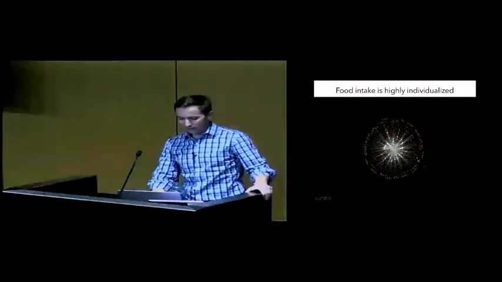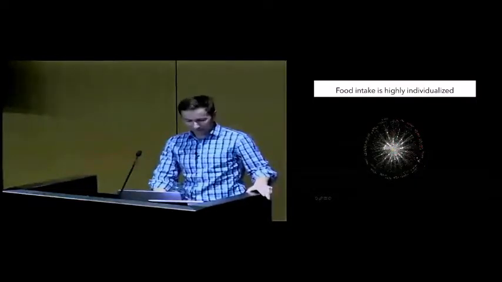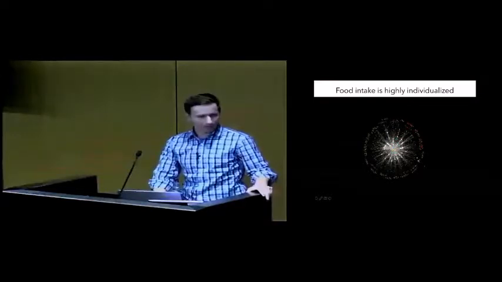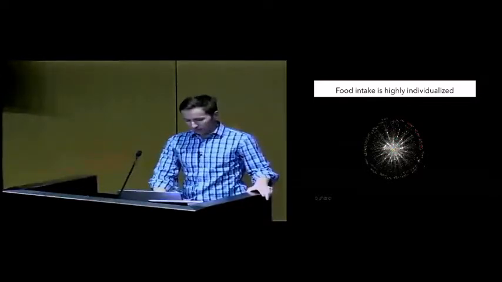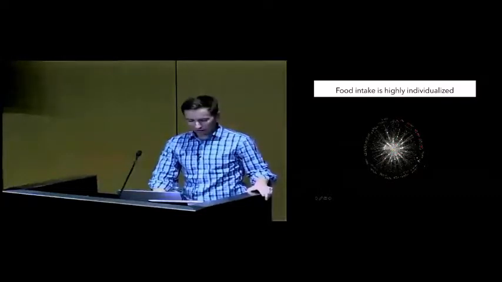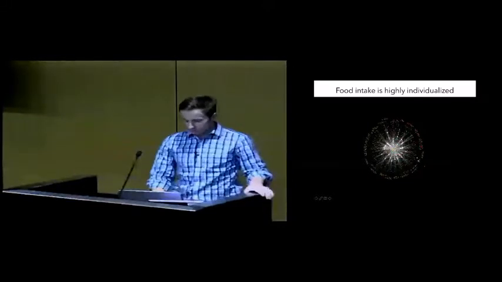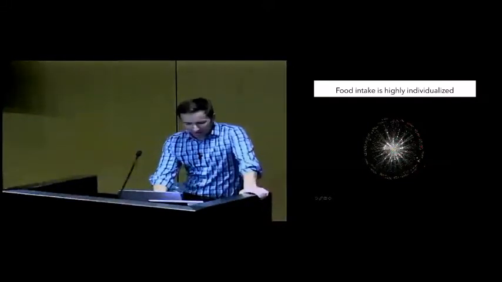And I mean literally, like, I ate black beans. That's a dot that I'm connected to. And then they're positioned to be close to each other if they're sharing foods. And what you can see from this is that it is highly individualized.